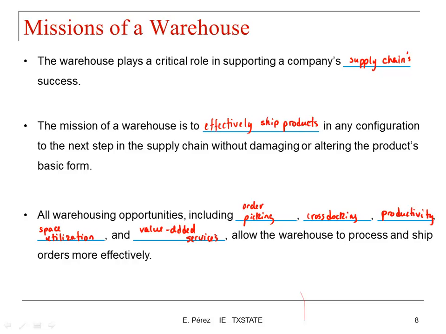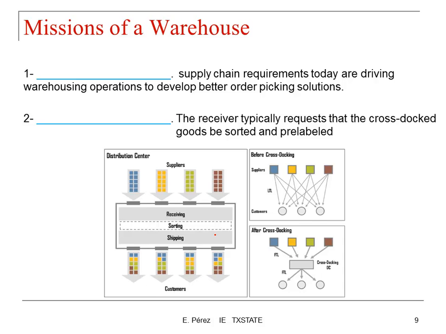So in terms of operating the warehouse, we have different things that we need to accomplish. The first one is improving order picking operations. Today's supply chain requirements are driving warehouse operations to develop better order picking solutions.